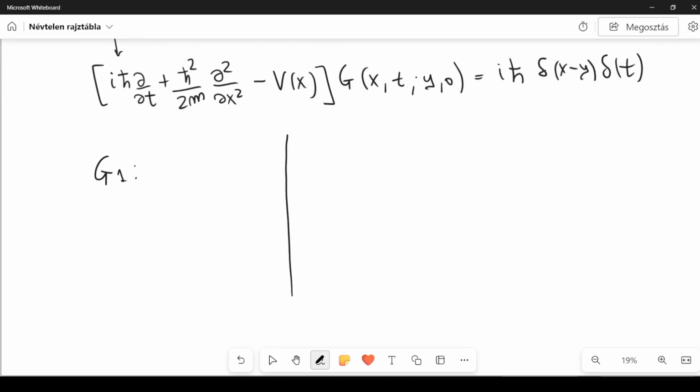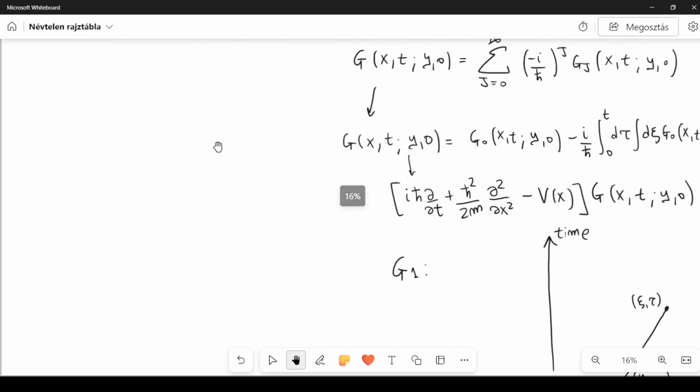So if we draw the arrow of time here, and we start at the point y at time t equal to 0, we can draw a line, which is a propagation, a free propagation up to the point xi, tau.